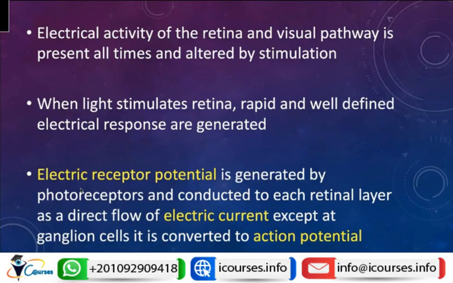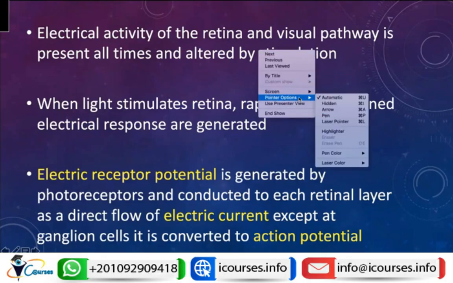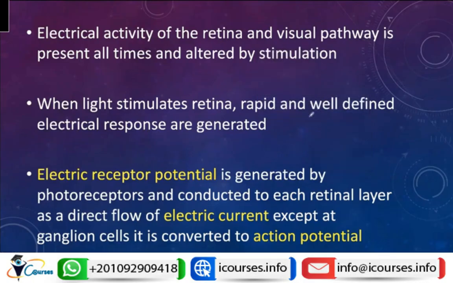There is some electrical activity in the dark, as we said before, but it is changed with light. So either it is hyperpolarization or depolarization. There is a change in the response to the light. So the response in the light becomes more rapid and more well-defined.